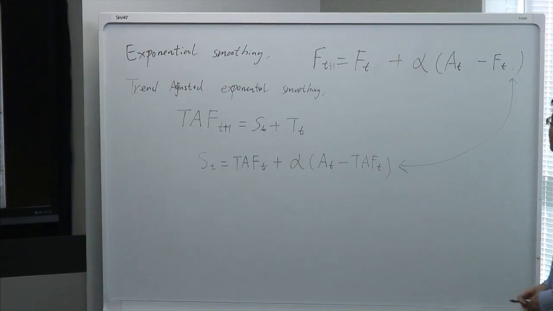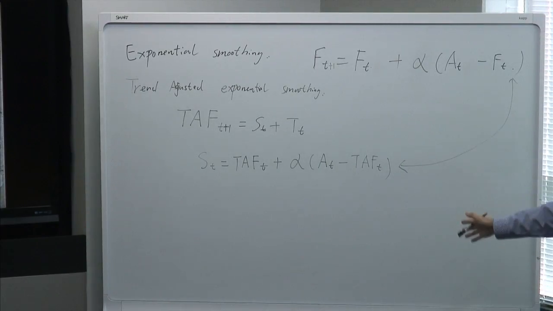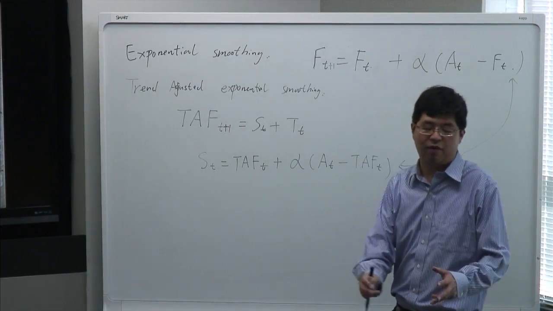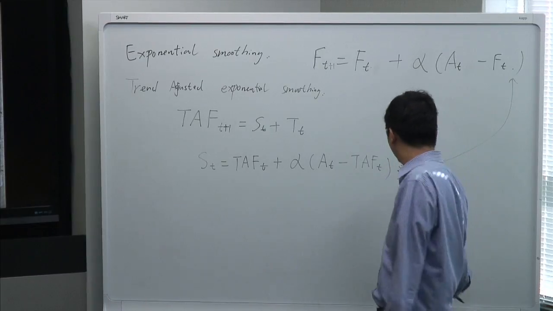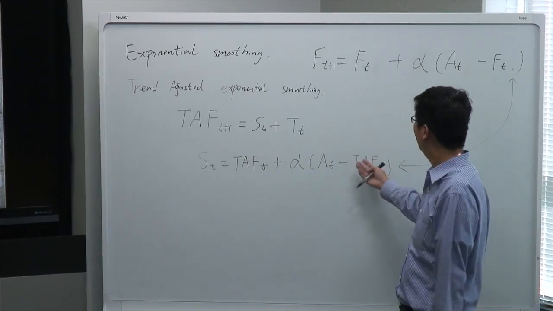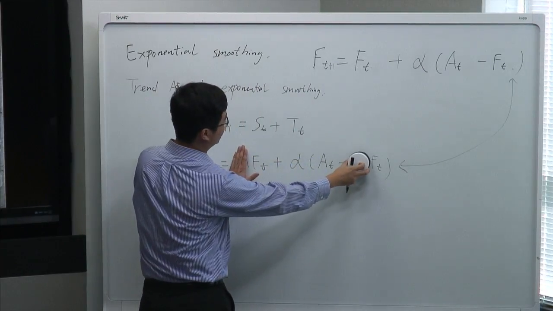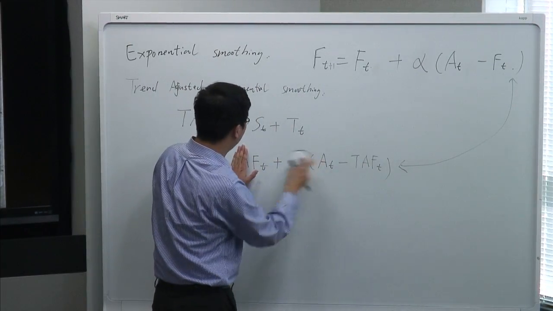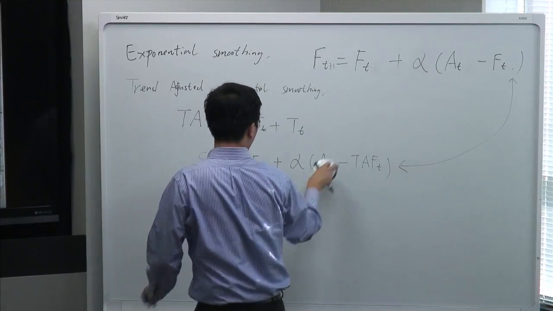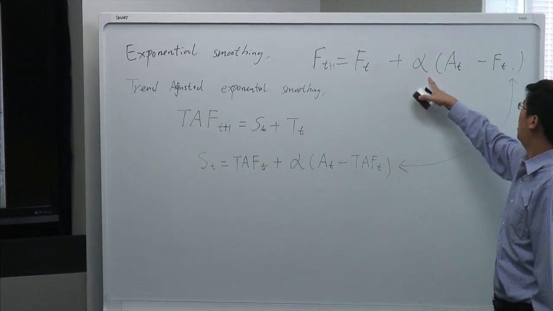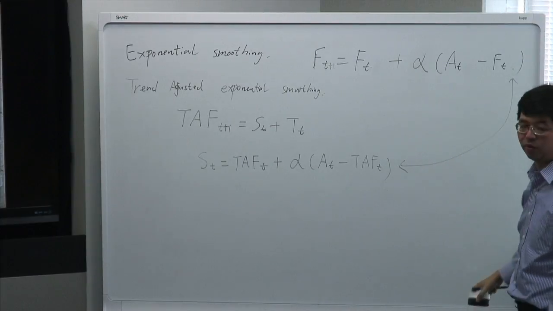Look at them. This is the same one, right? As I mentioned, you don't need to use the TAF. It's just a forecast, but TAF means trend adjusted forecast. If you use F(t), it's the same. It's just the forecast plus alpha times the forecast error.